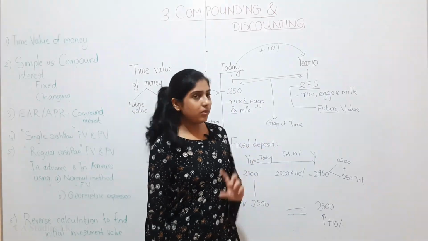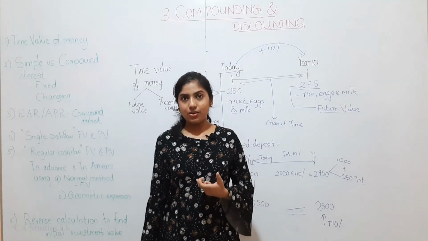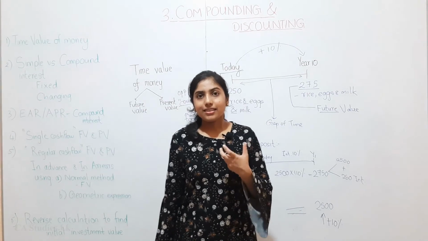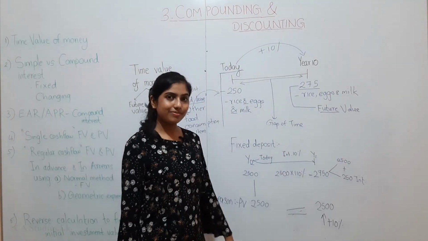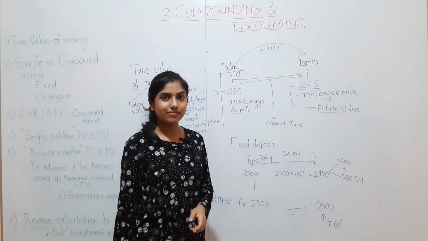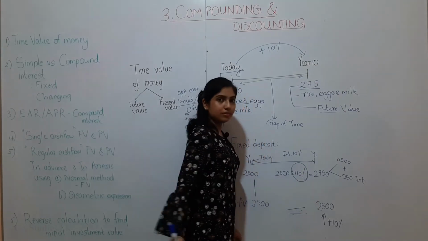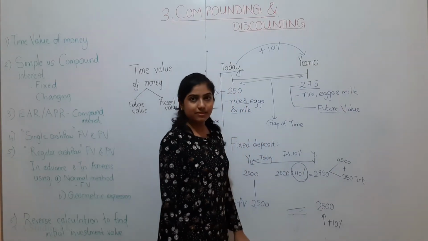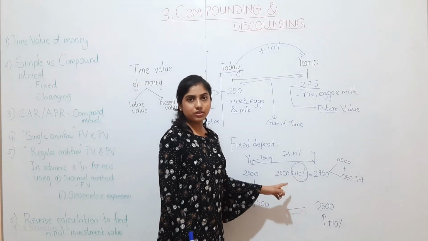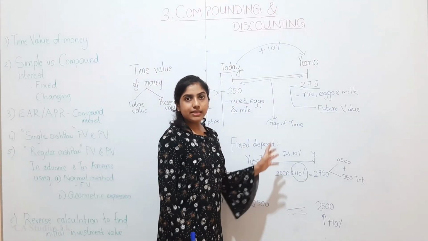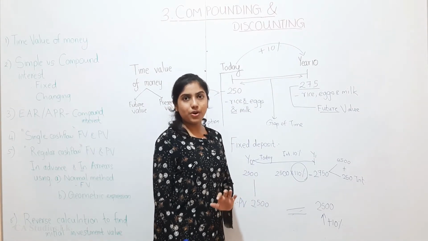So we spoke about this concept at the beginning called compounding and discounting. Compounding, in this case, what is it? It is the addition of this 10%. The addition of 10% onto the original value, that action is called compounding.